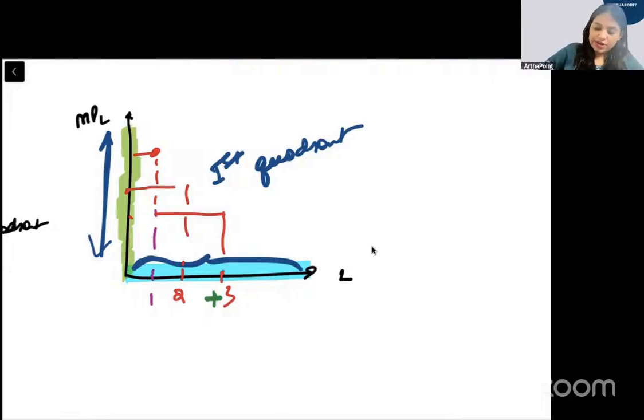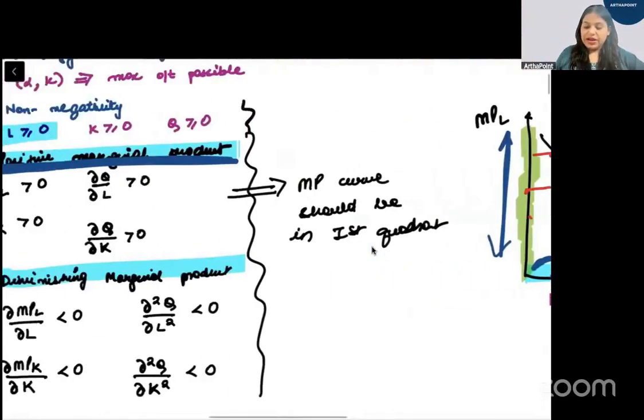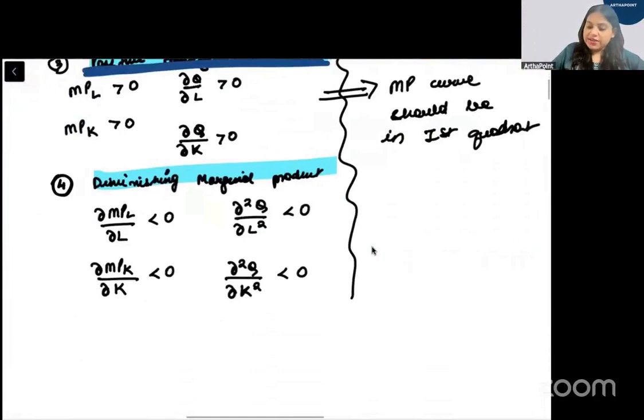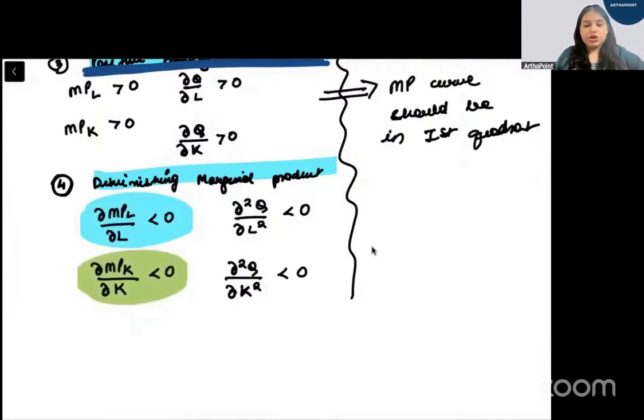So I can get something like this. Marginal product should be downwards. इसका slope negative है. यही हमने यहाँ लिखा है. We have written that exactly here. That when I find the slope of marginal product of labor or the slope of marginal product of capital, it should be less than 0. Right? That's what we mean. Okay.